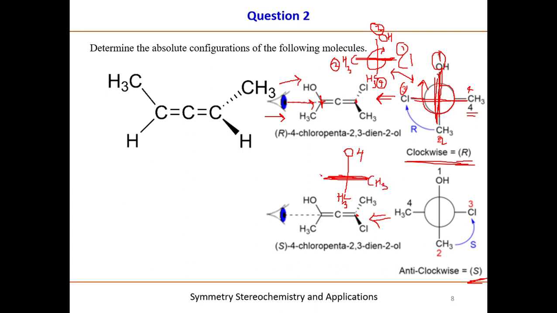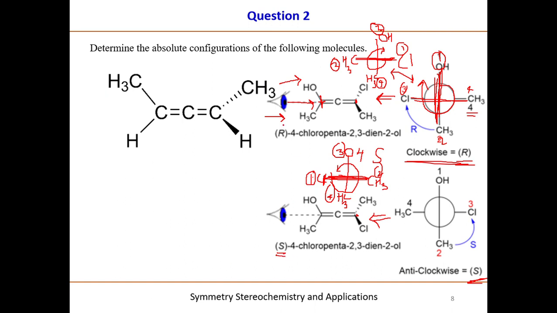And here it is on the left side. So sorry, Cl. This is given the first priority. This is the second priority, third, and the fourth one is the methyl group. So it's moving in counterclockwise direction, that is S configuration. So the correct configuration is S here. I hope both the molecules are clear to you.